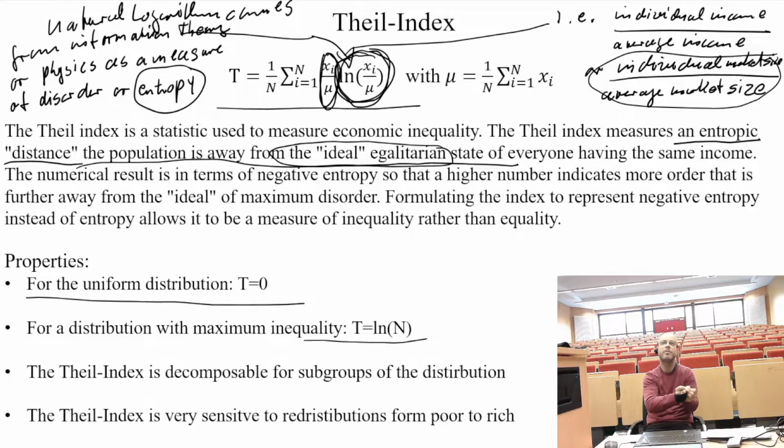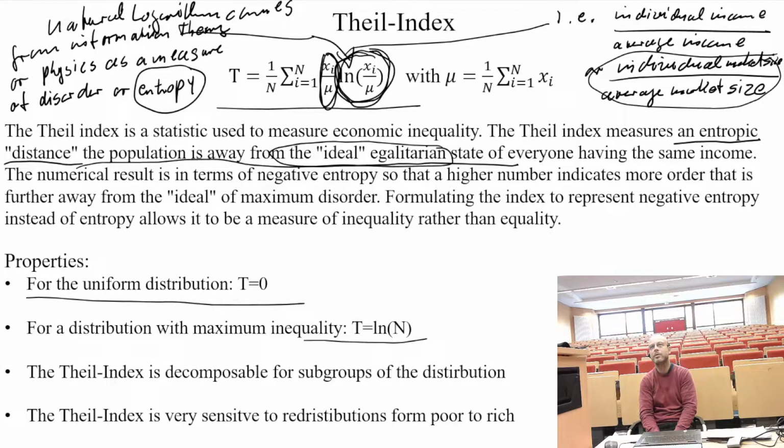Within the poor people you have poorer people, or even the people who are worst off in your society, and a little bit richer people in this subgroup. Then you can calculate the Theil index of each subgroup, and all Theil indices sum up to the total Theil index.